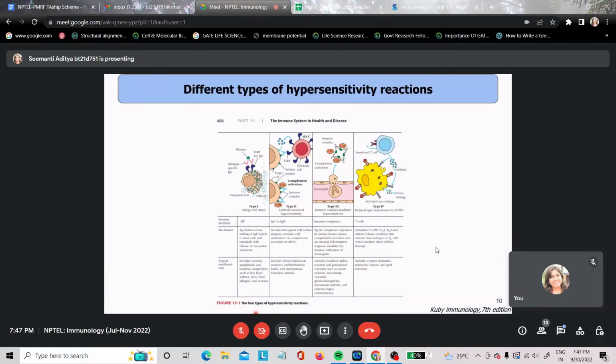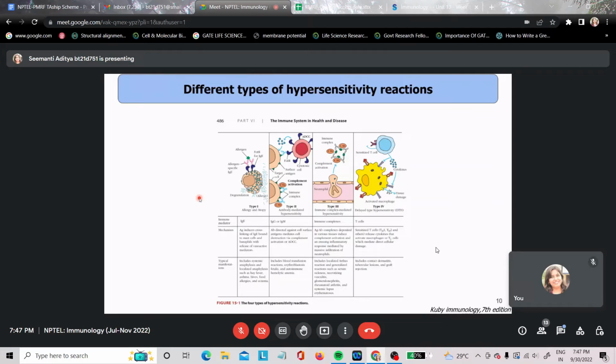So now we will look into certain aspects of hypersensitivity reactions. So what is hypersensitivity? Hypersensitivity, in our general way, we call it an allergic response. An allergic response can happen to a lot of people, and it is associated with your immune system not acting properly.